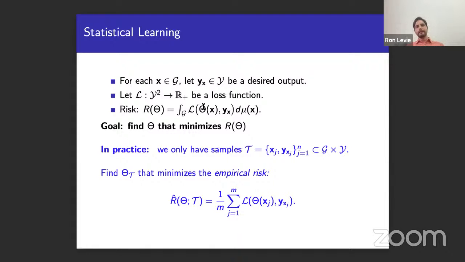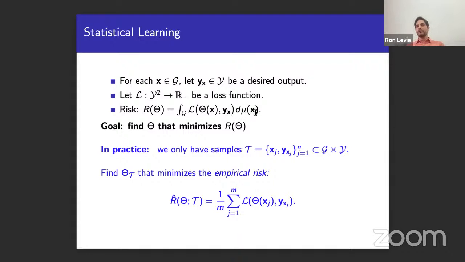Right? So you take the neural network, you apply it on your input, it gives you something. It should have given you y_x, the ground truth, but it doesn't give you exactly y_x. And the loss is how accurate the neural network is specifically for this input, and then you average it over all potential inputs to the network. This is the risk. Now we cannot minimize the risk because we don't have access to y_x, to the ground truth.